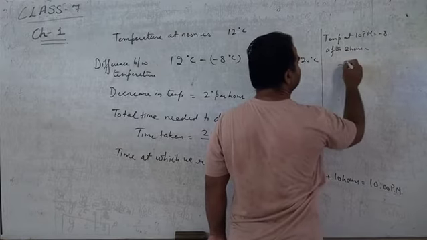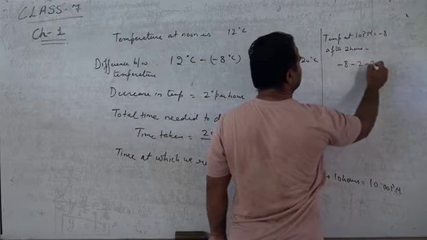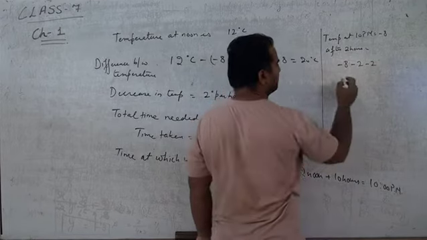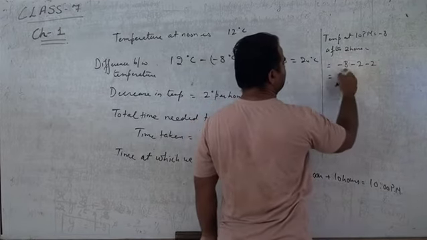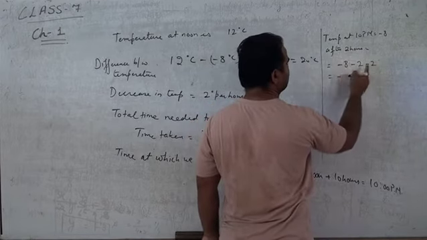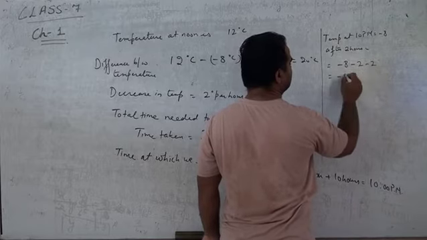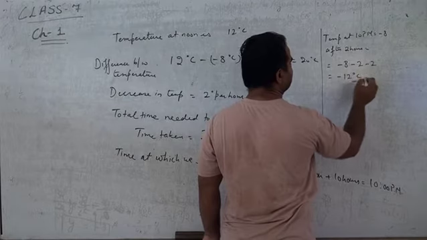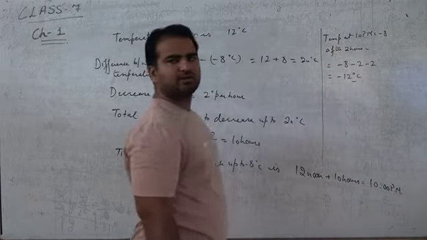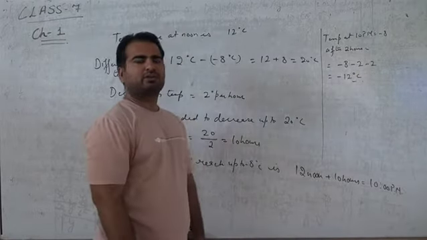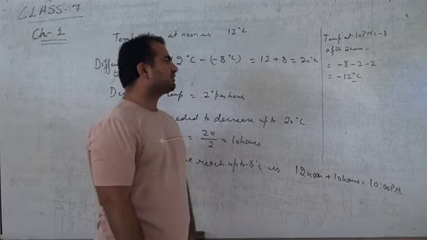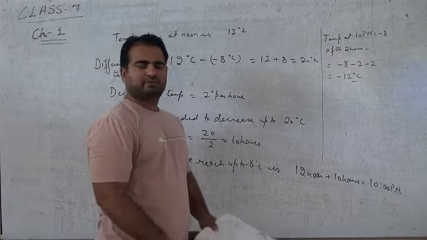So it will be minus 8, minus 2 and minus 2. So what will be the answer? 8 and 2, 10, 10 and 2, 12. So it will be minus 12 degrees centigrade. This is our final answer. Okay, at 12 midnight the answer will be minus 12 degrees centigrade.